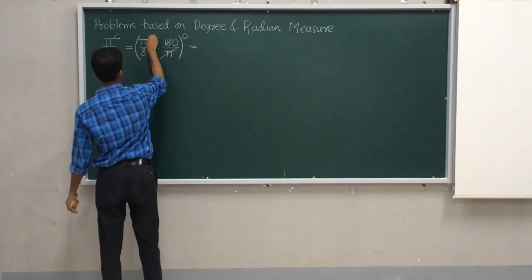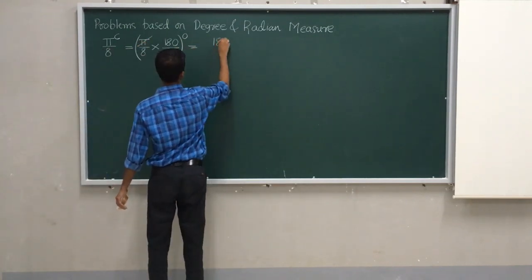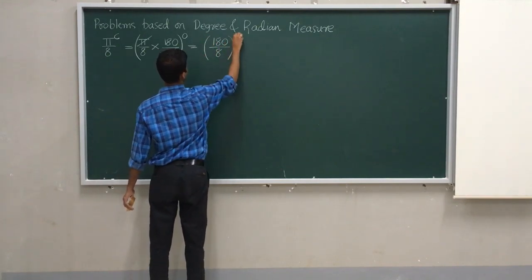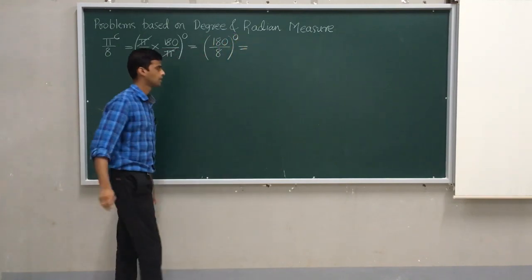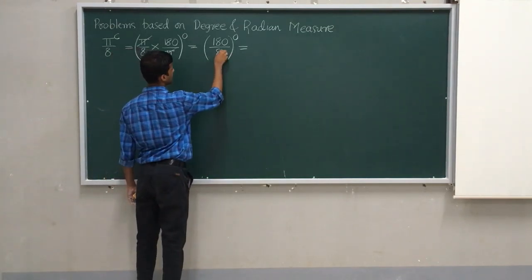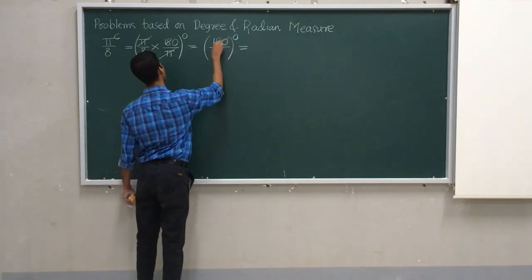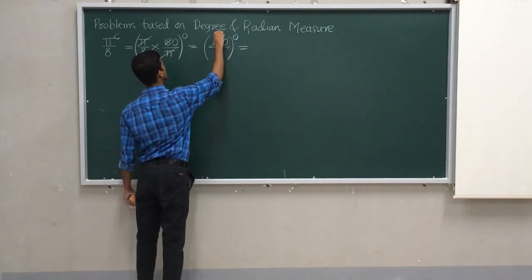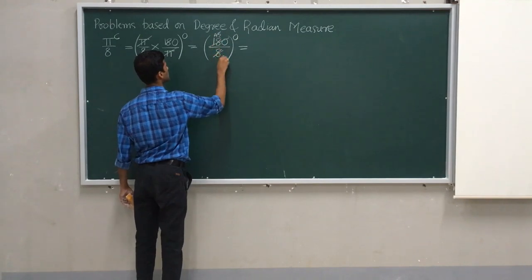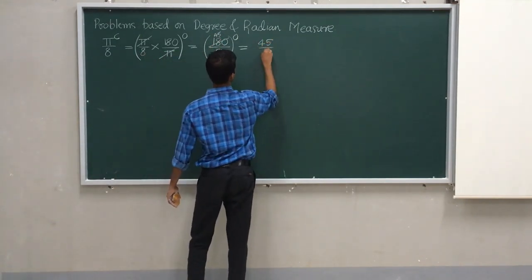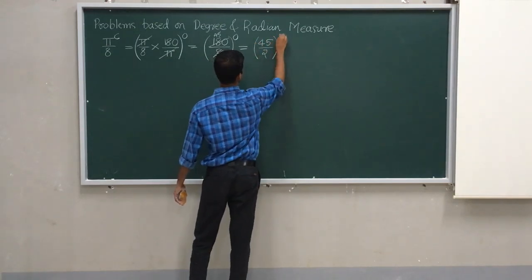Then pi gets cancelled. 180 by 8 degrees, right? Then it is 45 by 2 degrees. Hope you understand.